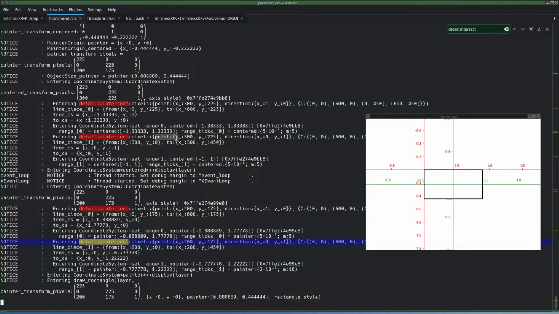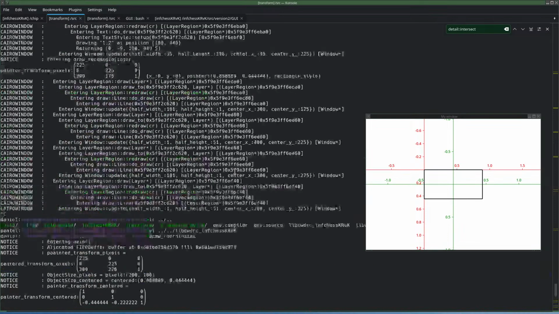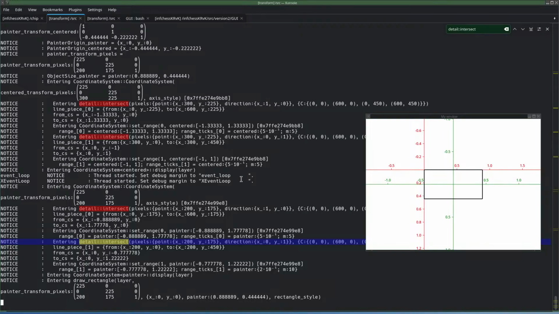Here again. Don't even have a point namespace.